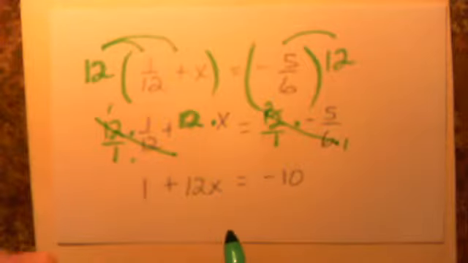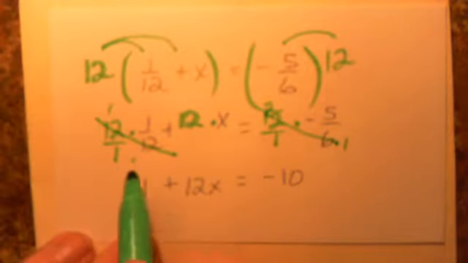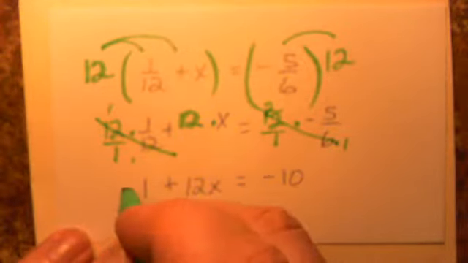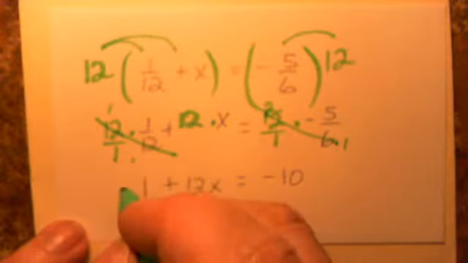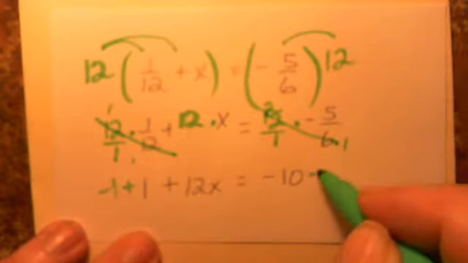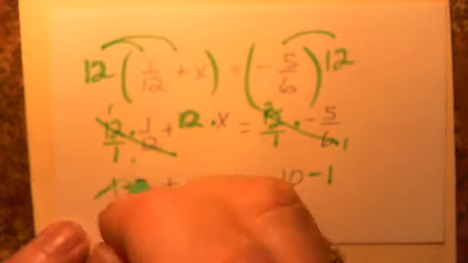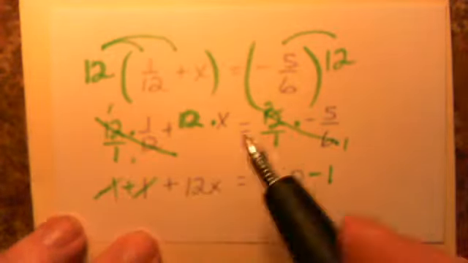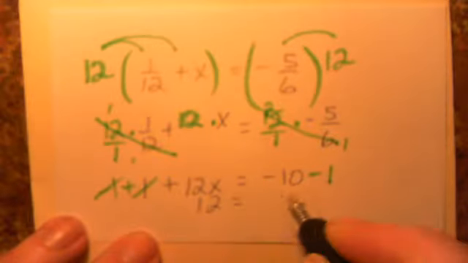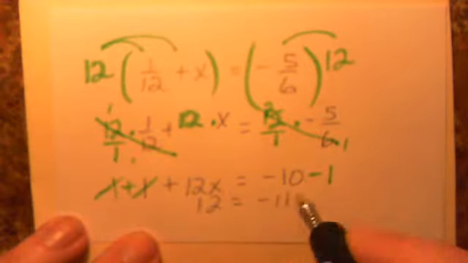Okay, we need to get the variable term by itself, so to zero out this 1 would take a -1 or a plus a -1. And that zeroes out here, leaving us 12x is equal to -11.